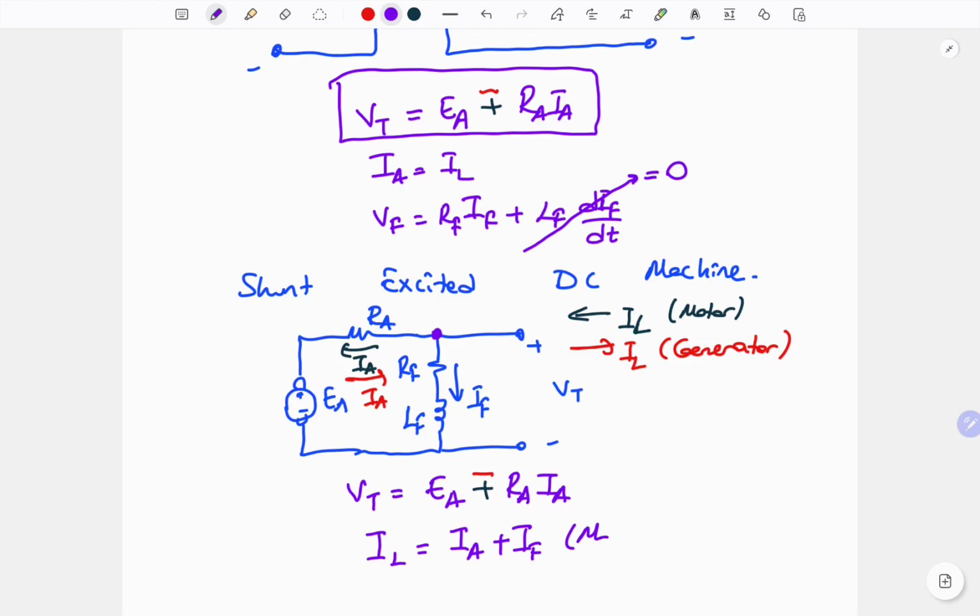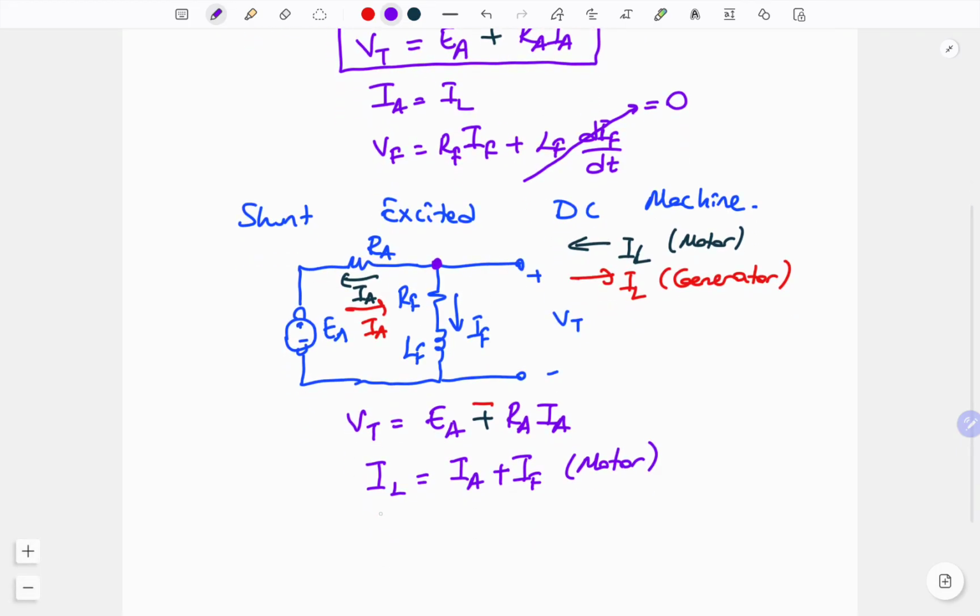This will be the motor operation. But for the generator, IA will be the main supply, and the expression must change in that case like this.